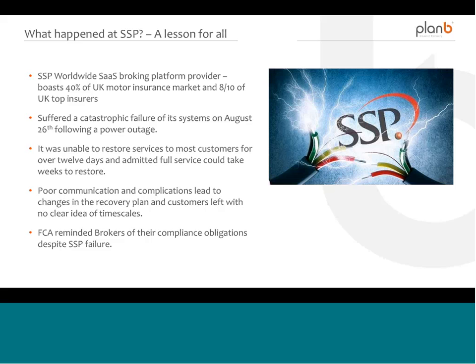They had a catastrophic failure on the 26th of August. It started out as a simple power outage that should have been catered for very easily by the power resiliency within their data center, but that unfortunately failed as well, as they often do, because they're virtually never used and very rarely tested properly, so you don't really know that they're going to work.